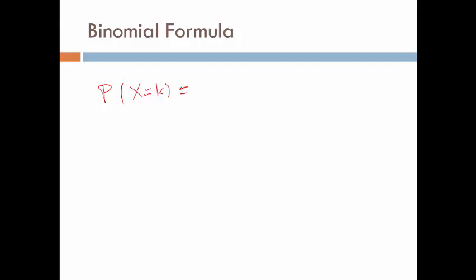And it's the binomial formula. It looks kind of strange and foreign, but I'm going to take a moment and point this out to you. We've actually been kind of doing this.